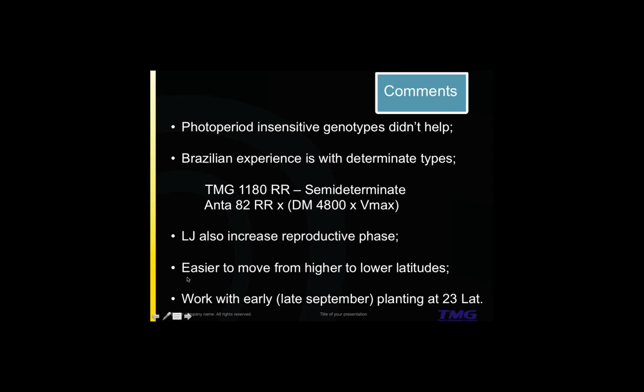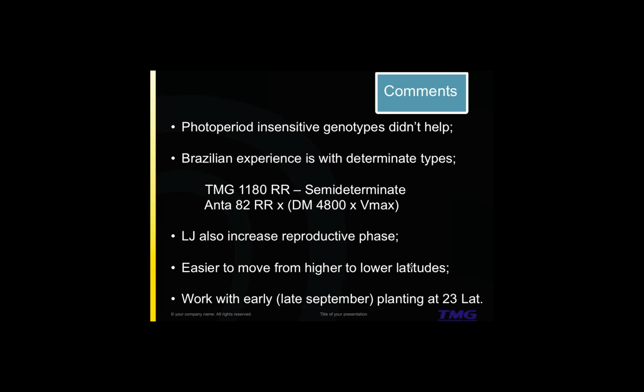The other observation that we find here in our experience is that it's easier to move from higher to lower latitudes. In other words, when we cross, and I mentioned to you that we are crossing between lines adapted to central Brazil and southern Brazil, we can derive several lines from this cross to central Brazil, but it's much more difficult to derive lines from this cross to southern Brazil.